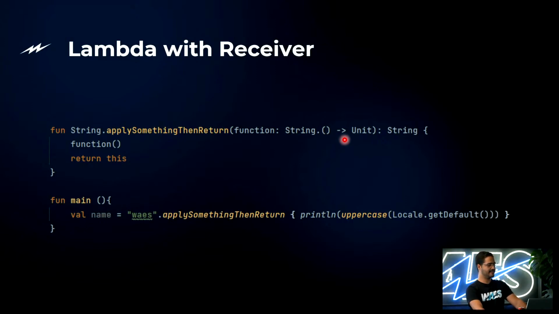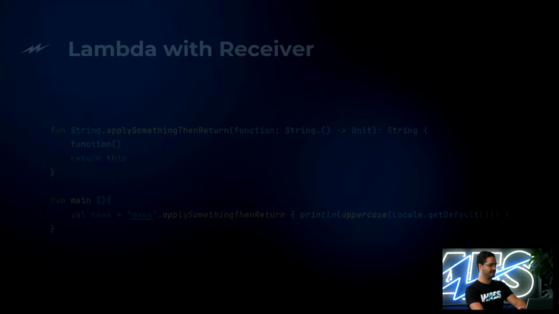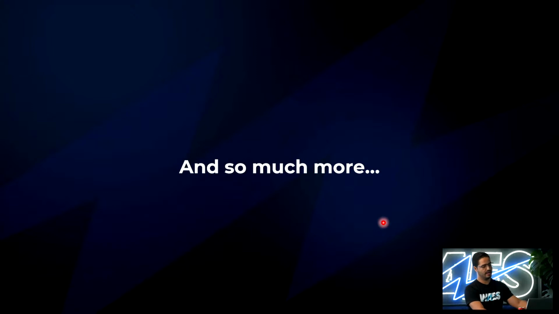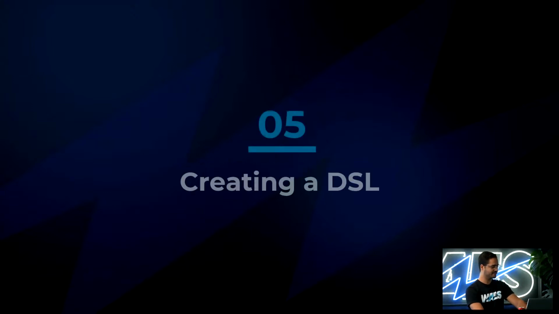So it means that if you read the code here, WAES, apply something, then return, and I'm just printing an uppercase. You see how it's easier to read than doing a lot of stuff like arrows and declaring variables and referring to them. So this is also a nice feature if you want to get fluent code. And as I said before, we have so many more features inside that.